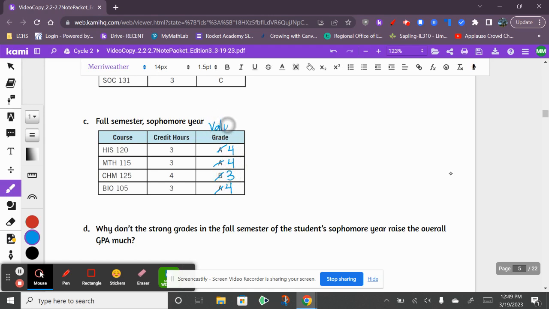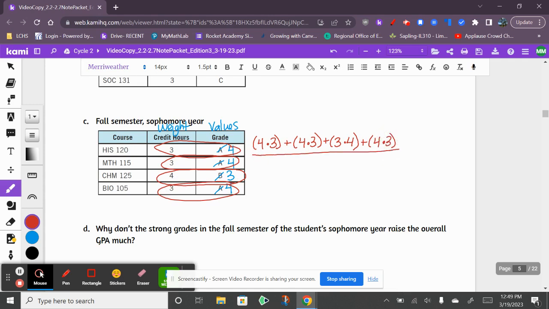Remember that these are the values and these are the weights. So I'm going to take 4 times 3 for the first, and then 4 times 3 again, and then 3 times 4, and then 4 times 3.